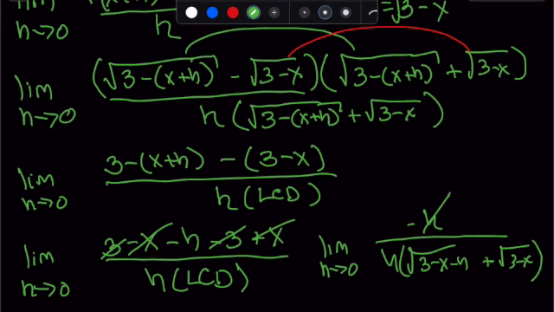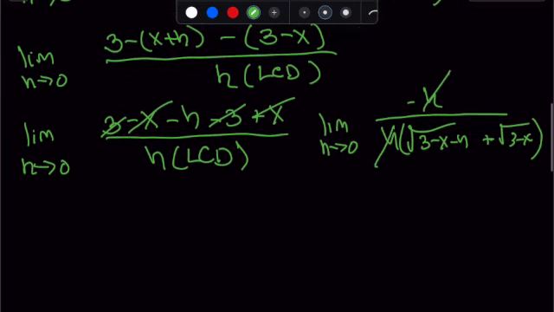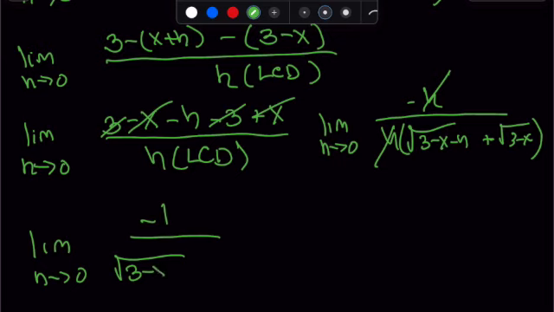So again, h over h is just 1. So at the top, we're left with a negative 1. And at the bottom, we're left with just our LCD: the square root of 3 minus x minus h plus the square root of 3 minus x.